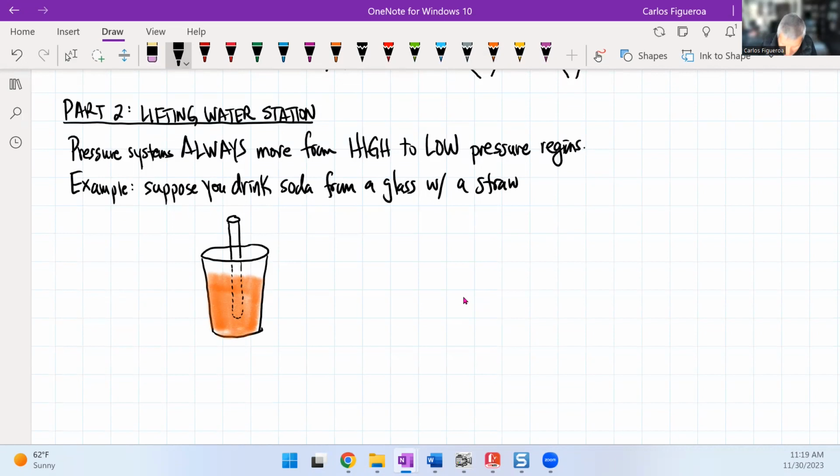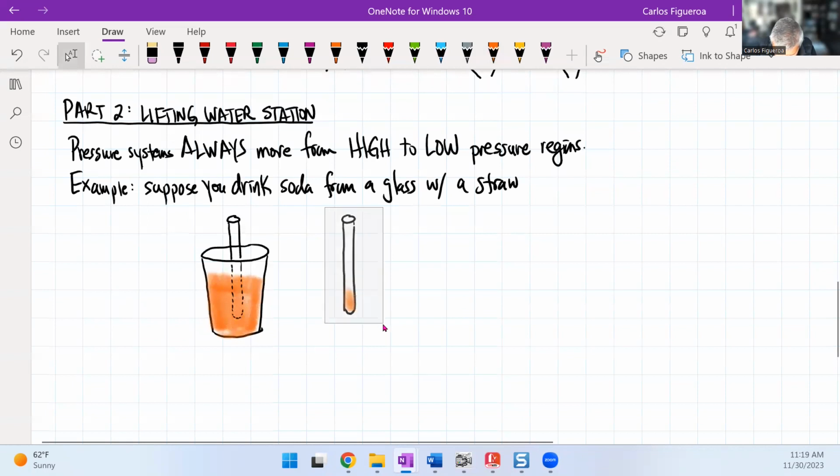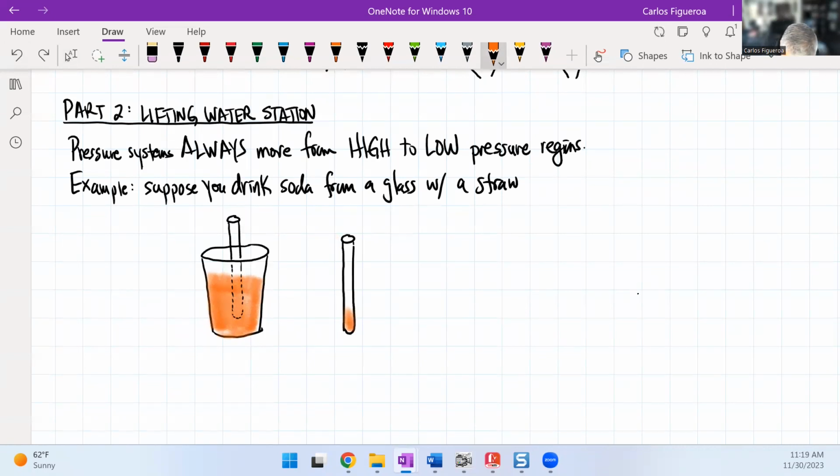So when you put it into the glass, here's what you're actually seeing here. Up above, the side view, you're going to have some soda in the straw. And the whole goal here is that you're going to do what? You're going to put your lips around that straw. And oh man, I don't even know how you would draw lips. But we imagine that, wow, let's not even try to do that. So what you actually do right here is that inside the tube you have air.